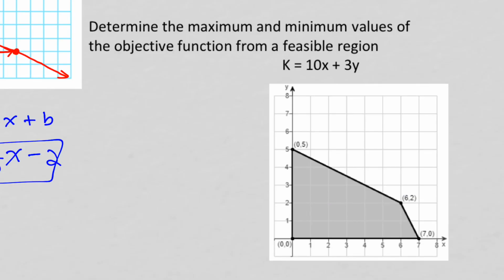Okay, so also in 6.8, you also have the application of linear inequalities, which is linear programming, and this is to find the maximum and minimum values of the objective function. So we have k equals 10x plus 3y, and it looks like we have 4 vertices here.